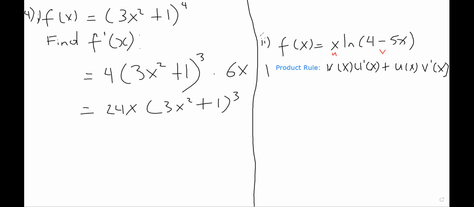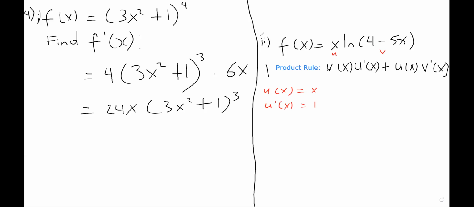So we have our u, let's put u of x. U of x is equal to x, right? U prime of x, which is the differential of u of x, is just going to be equal to 1, right?